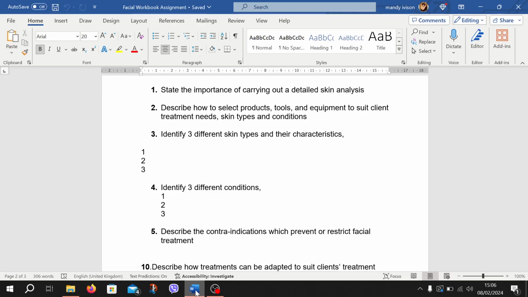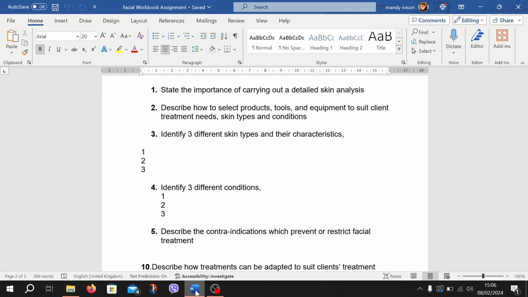You've got broken capillaries as well, which are small red threads under the skin surface that tend to appear when the capillaries are dilated too quickly, and it causes the muscles and the walls of the capillaries to tear.